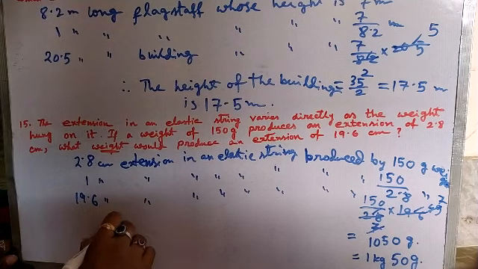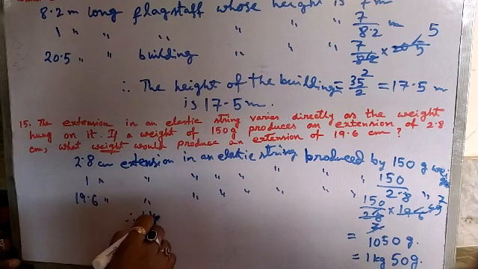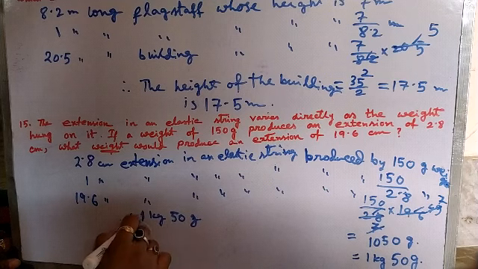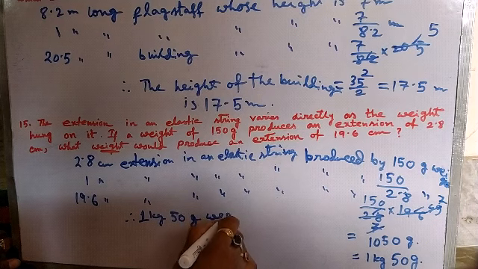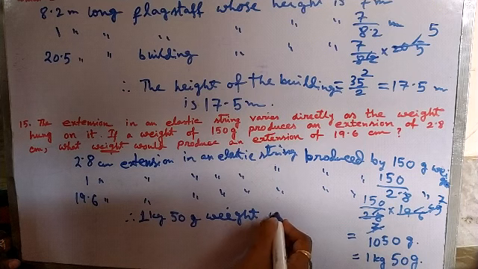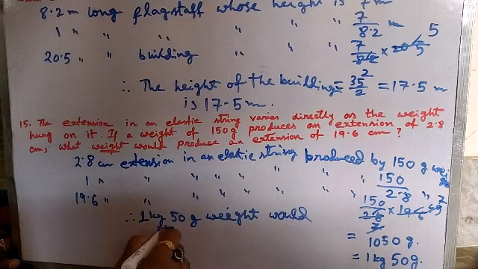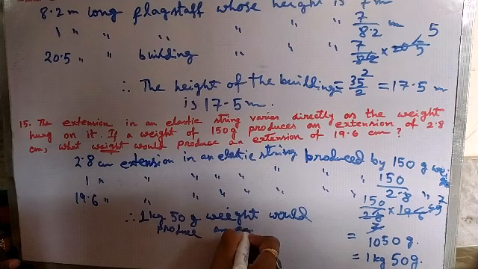So therefore what weight would produce an extension? 1 kg 50 gram weight would produce an extension.